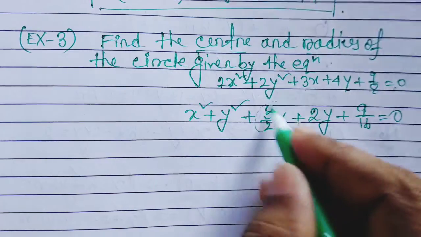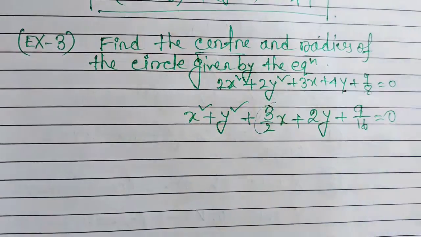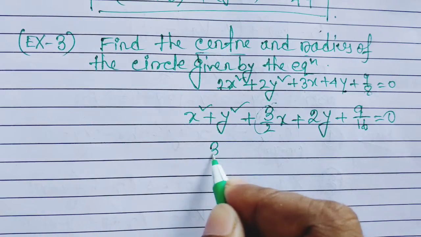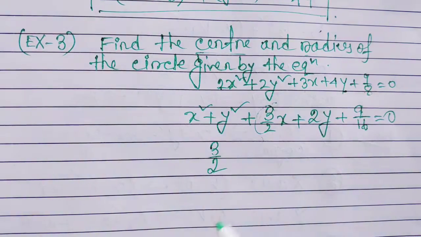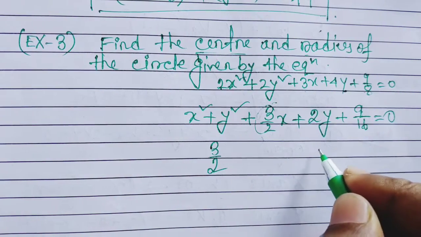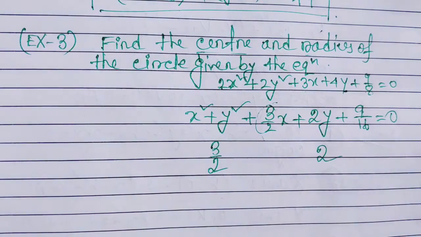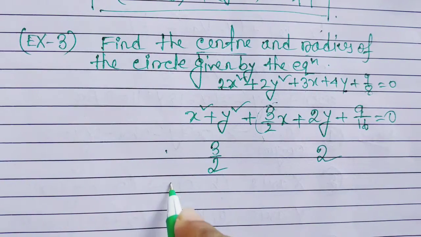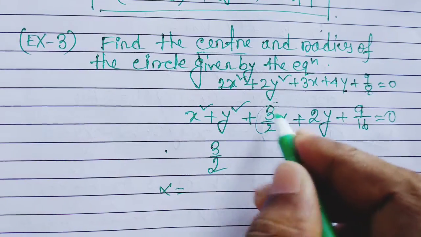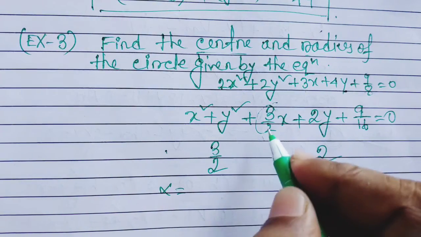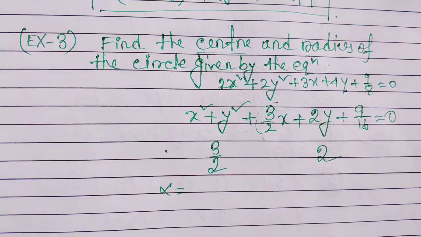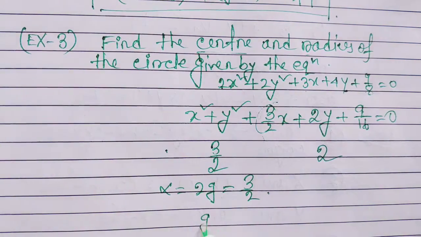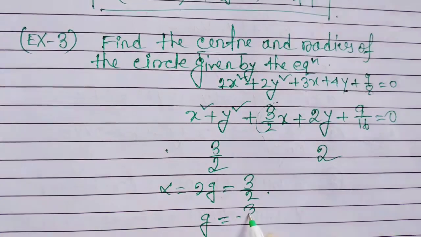What is the coefficient of x? It's 3/2. Now 3/2 is the coefficient of x and the coefficient of y is 2. Now just compare with the general equation. 2g is equal to 3/2, so g is equal to 3/4.